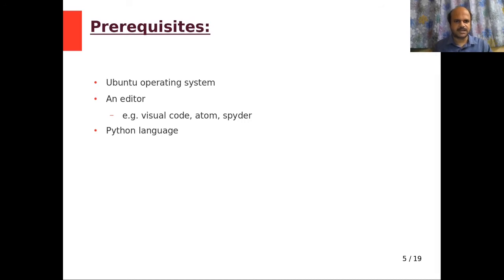The prerequisite of this experiment is Ubuntu operating system on which we are performing all the experiments. Other is an editor. You can use any editor for this. In this experiment, I used Spyder as IDE or editor, and Python language is used as an interpreter to perform the operations.